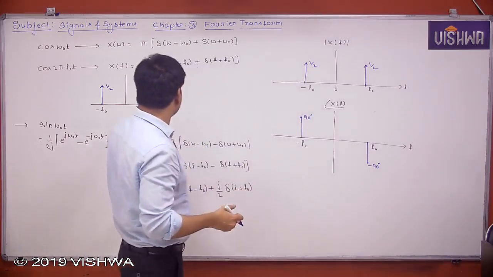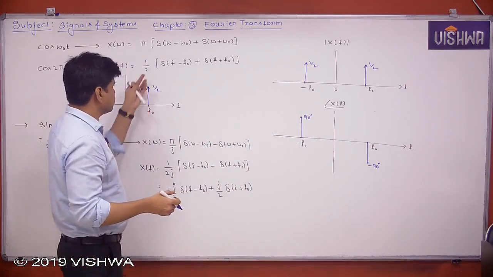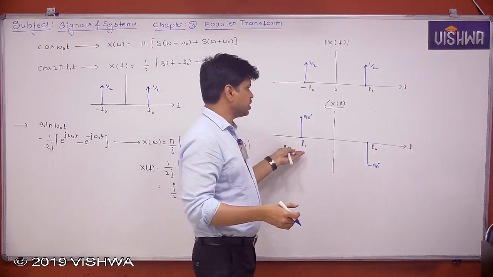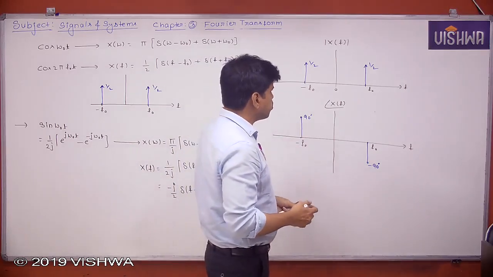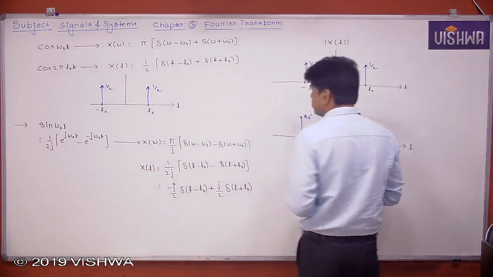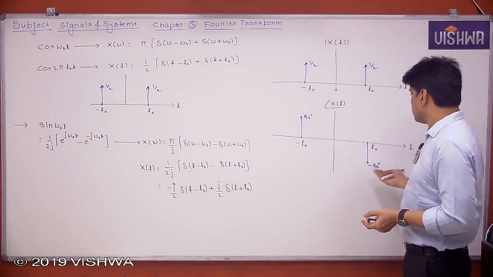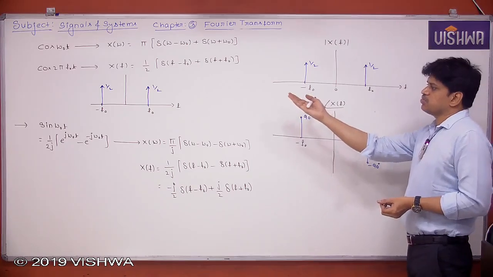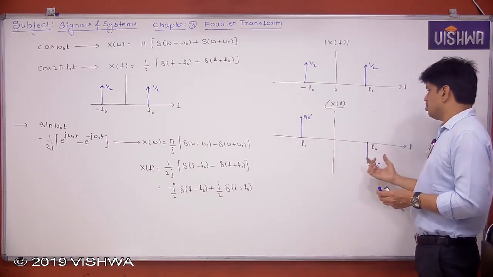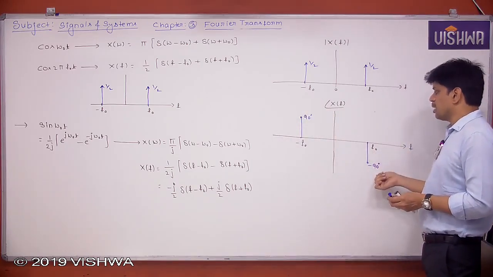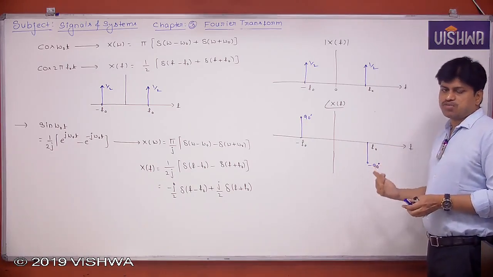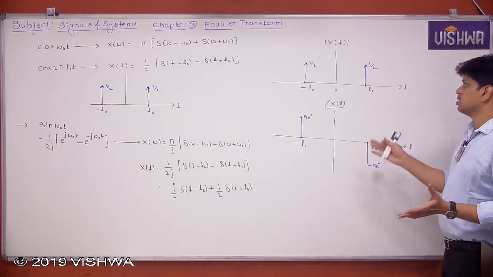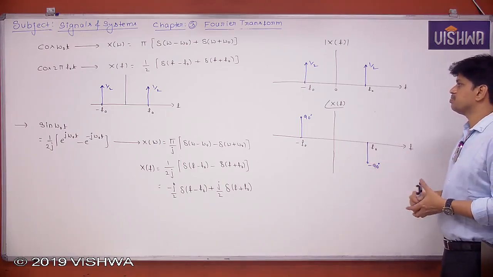For cos we don't talk about the phase spectrum because the phase is nothing but 0. But here we have to talk about the phase spectrum also because we have some phase. Sine lags cos by 90 degrees. That's what it is saying. For the cos wave the phase is 0, but for the sine wave the phase is minus 90 degrees. So the sine wave lags the cos wave by 90 degrees. Clear? This is the only difference. So take it.